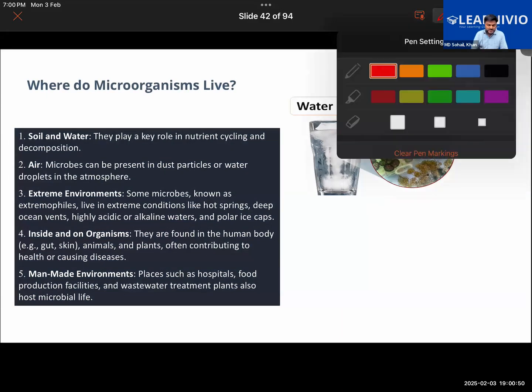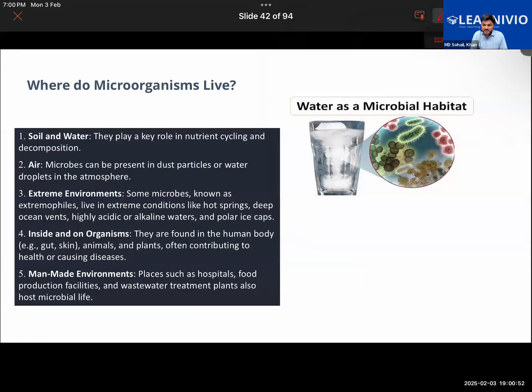We had also discussed where the microorganism is found. Microorganisms are found almost everywhere: the air we breathe in, the water we drink, the land on which we live. It is even found in extreme conditions, like in hot water springs, in the polar ice caps, and in acidic water also.